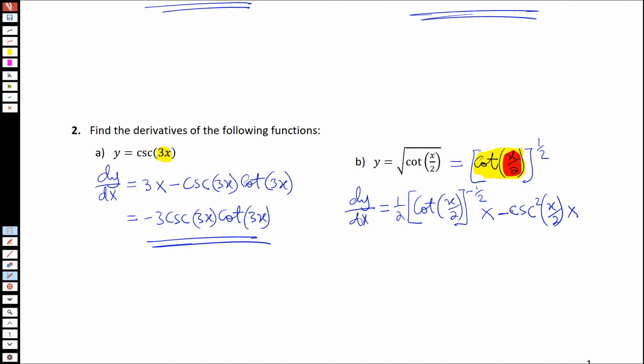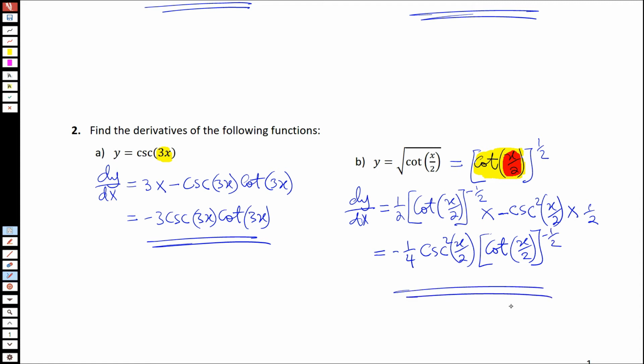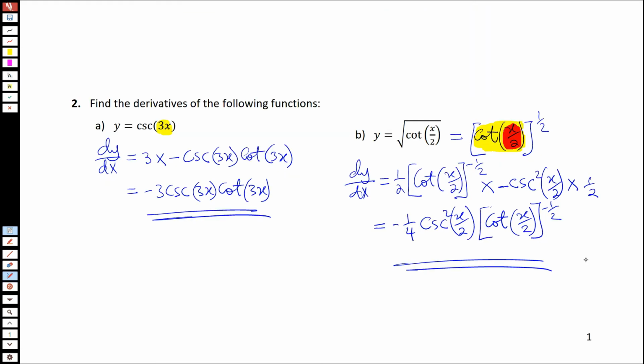And then this will be multiplied by the derivative of x over 2, which is a half. So if we simplify this together, that will be equal to negative a quarter multiplied by cosecant of x over 2 squared multiplied by cotangent of x over 2 to the power negative a half, and that will be the required solution.